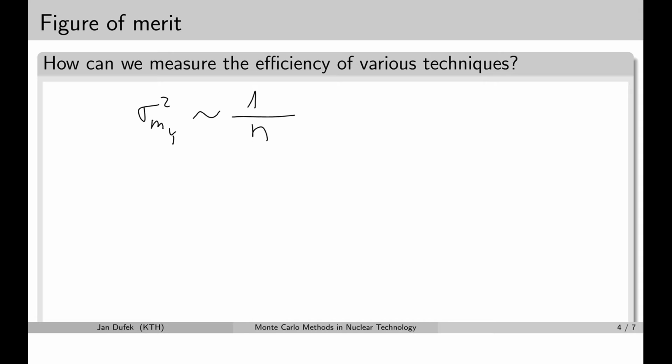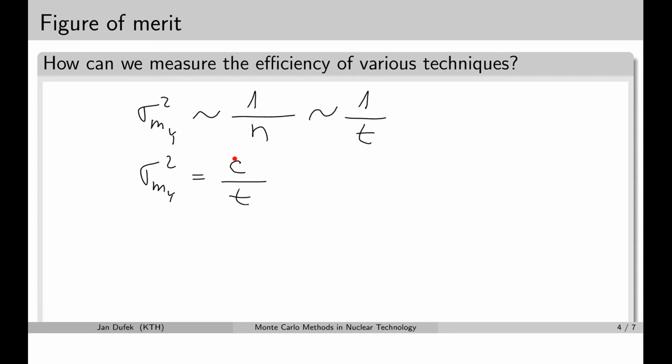Now further we assume that the computing time is proportional to the number of samples that we collect during the simulation. So I can write that 1/n is also proportional to 1/t, where t is the computing time. So now I can write that the variance in the mean value equals some constant of proportionality c divided by the computing time.